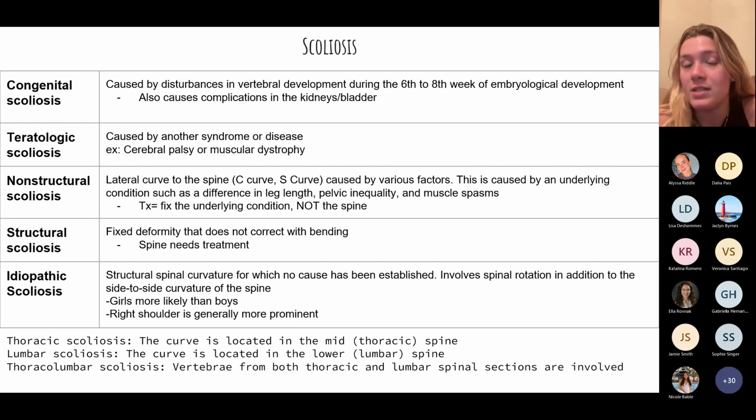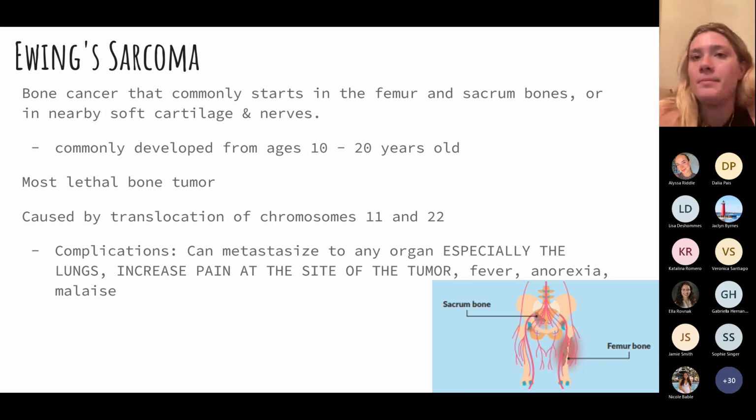Maybe there's an issue with their pelvis that's causing them to be curved. So we treat the underlying condition. Now, structural scoliosis, that is a specific deformity of my spine. Therefore, I treat my spine with surgery. Okay. And then just review your thoracic, your lumbar, etc.